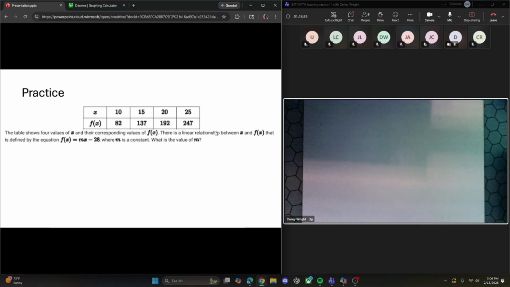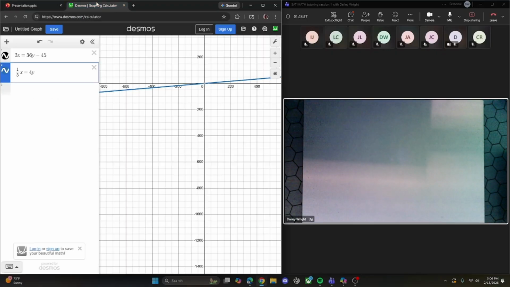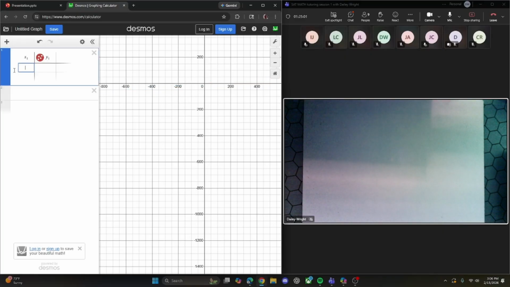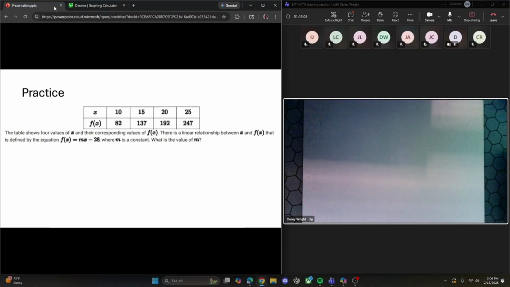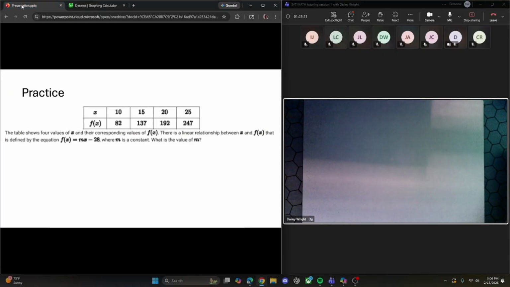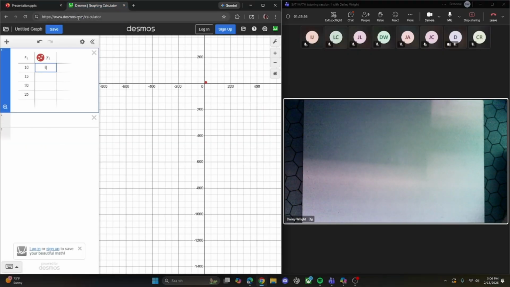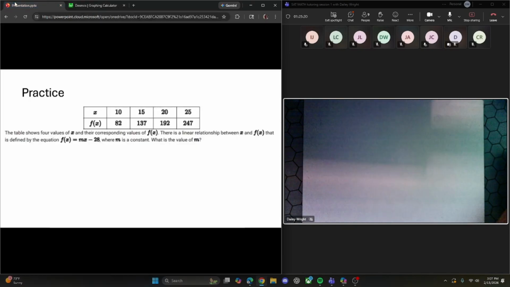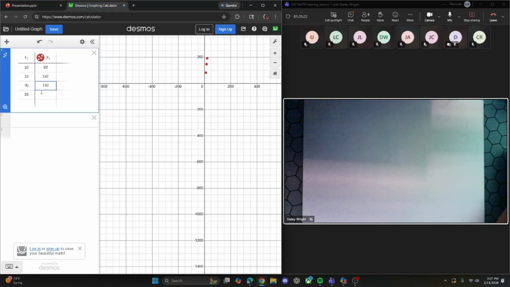With linear equations, like I said, we only need 2 points, but for time's sake, I would usually only plug in 2 points. I'll plug in all 4 points for this. So it's going to be 10, 15, 20, 25, and then 82, 137, 192, and 247.